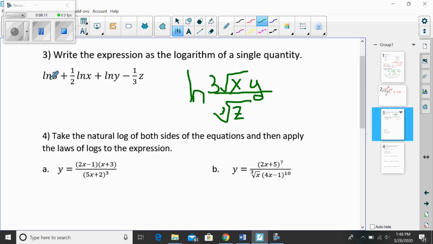Okay, so I would multiply 3 by the square root of x by y. I can tell that because of the addition. And then that is divided by z, where the power on z is the 1/3 power, which is the cube root. And this would be my logarithm of a single quantity here.